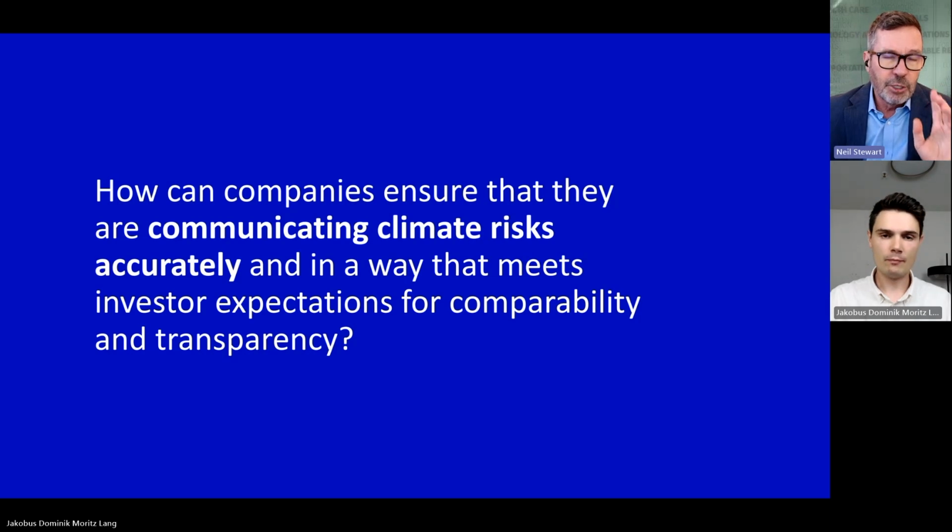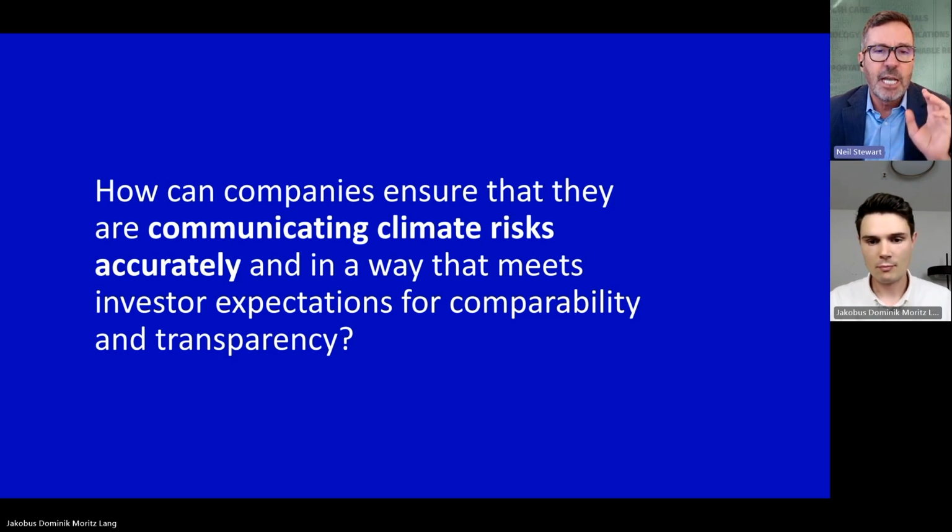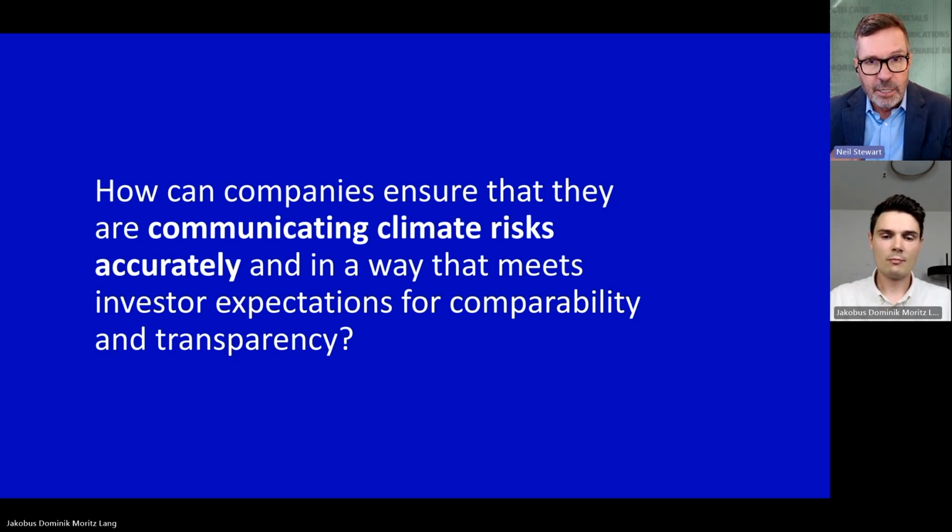In terms of connectivity, IFRS S1 requires a company to provide information that really enables investors to understand connections. So connections between sustainability-related risks and opportunities, but also connections between the sustainability-related financial disclosures and the financial statements, the financial results.